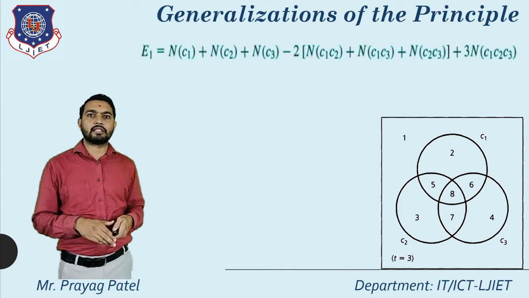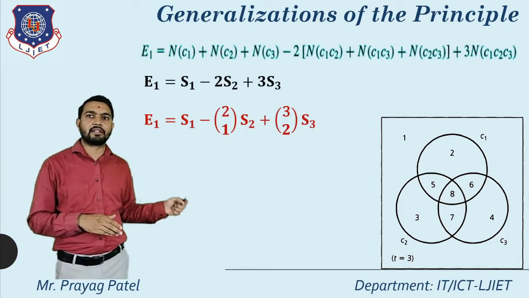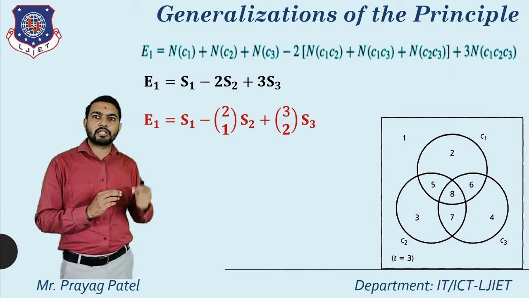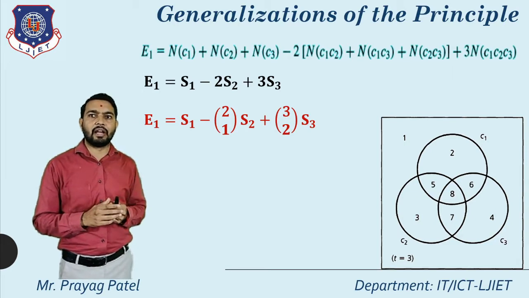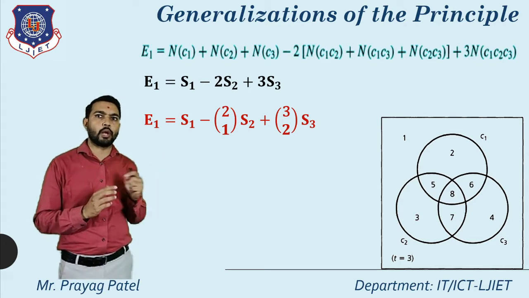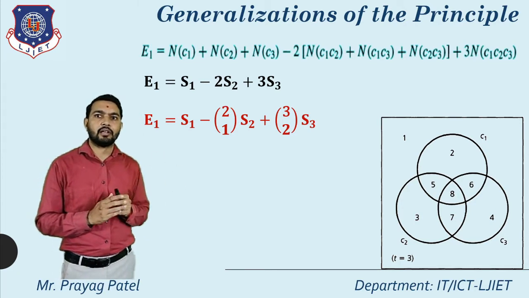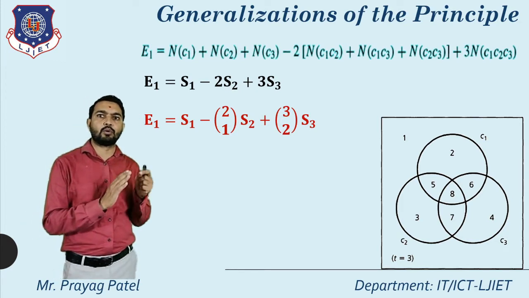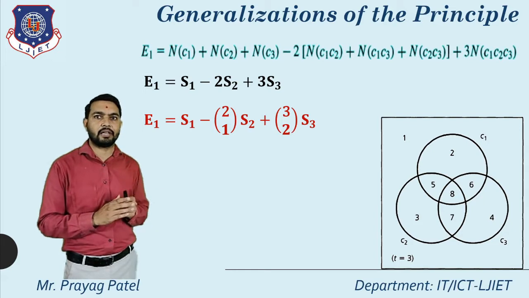Now see this example. In this example we can say that the common equation of E1 is like the first equation. Now the first equation can be represented in another way: E1 equals S1 minus 2 S2 plus 3 S3. So S1 equals all the individual elements, meaning N(C1), N(C2), N(C3).